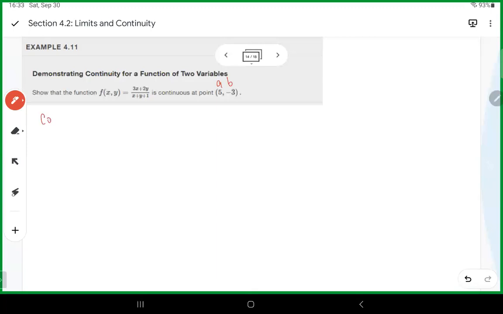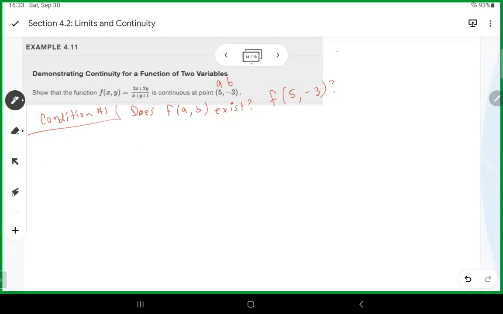So condition 1, does f of a b exist? That would basically mean, does f of 5, -3 exist? So we would just plug it in. I'll try to do it over here in the corner so we're not taking up a whole bunch of room.